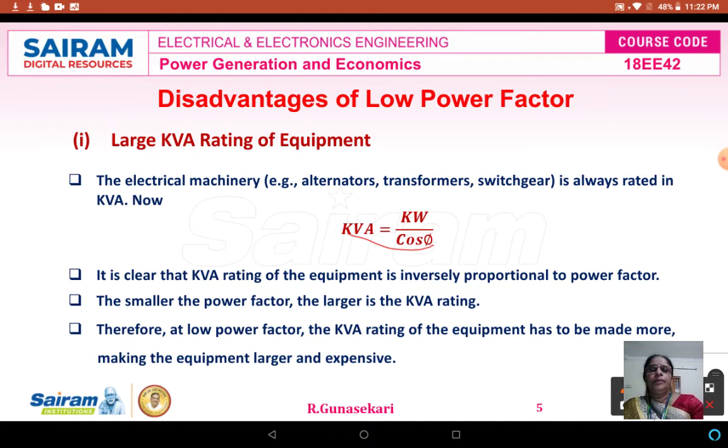If the power factor is small, the kVA rating of the machine is high. If the power factor is high, the rating of the machine reduces. So at low power factor, the rating of the equipment is more, so the equipment cost is also high and expensive. This is the first disadvantage of low power factor.